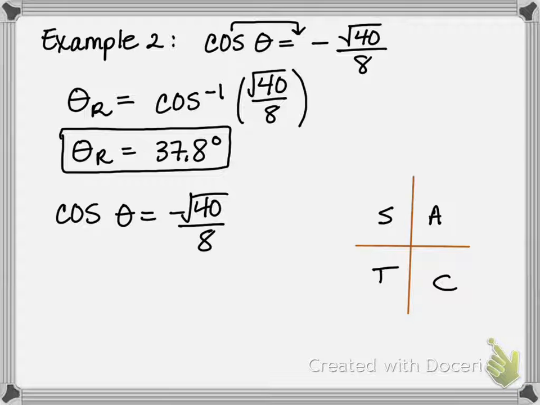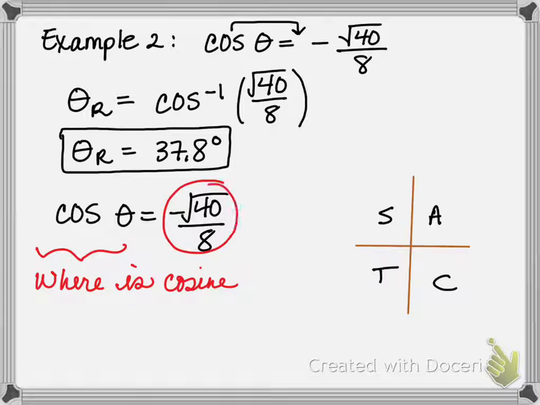What is the question I need to ask myself in order to determine the quadrants? There's my trig function. Since I'm asking you what quadrants, what is the location, that's a where question. Where is cosine? And this number, is it positive or negative? It's negative. So where is cosine negative?